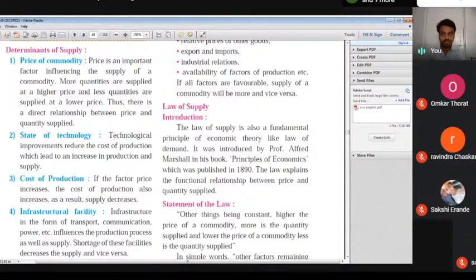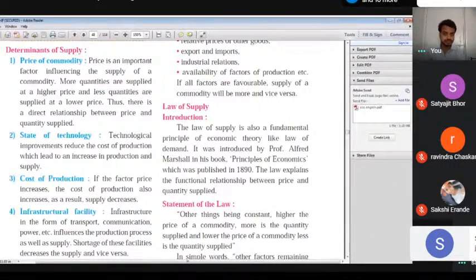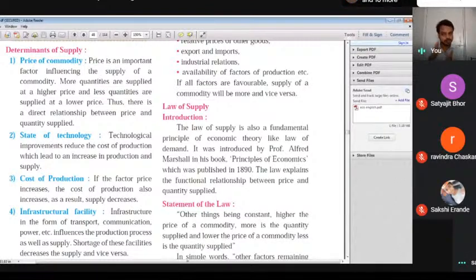Yes, Sarthak, my voice is coming. Sarthak, are you here? Yes, sir. Okay. So what is the connection of price and supply? Sarthak, have you any idea about price and supply?